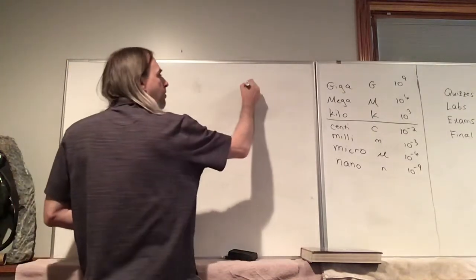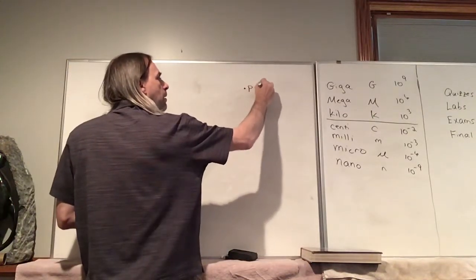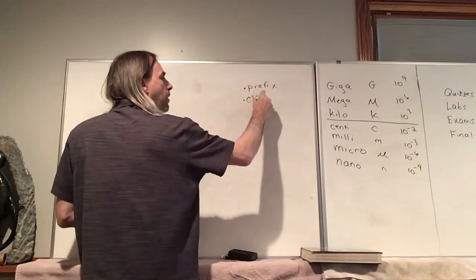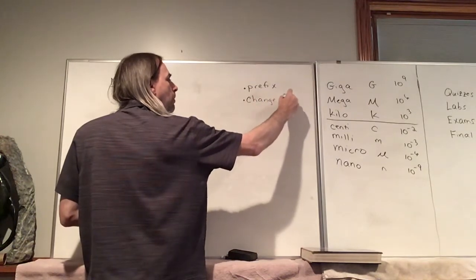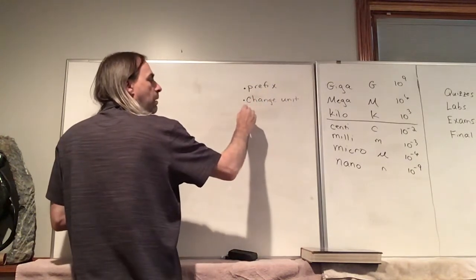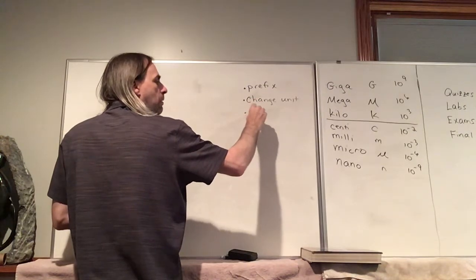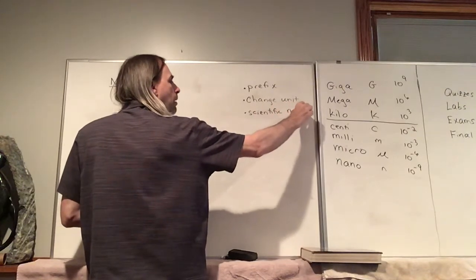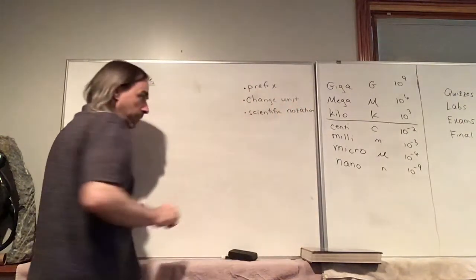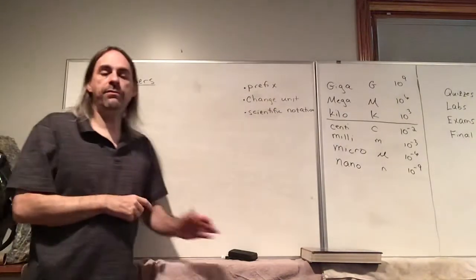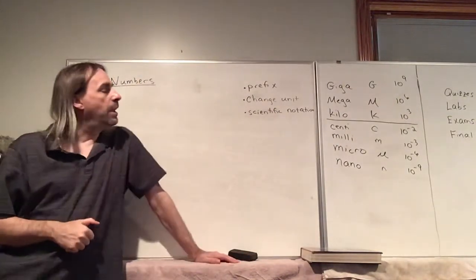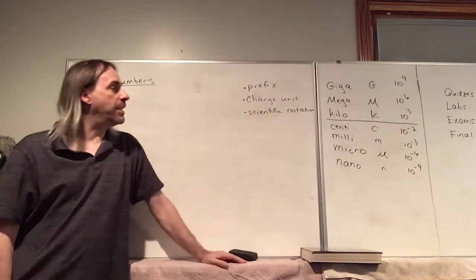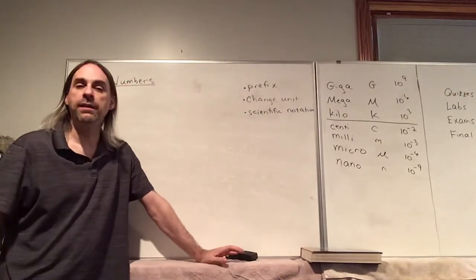I'm going to start with prefixes, but I'll just make a list first. The three ways are: we can use a prefix, change a unit, or write it in scientific notation.